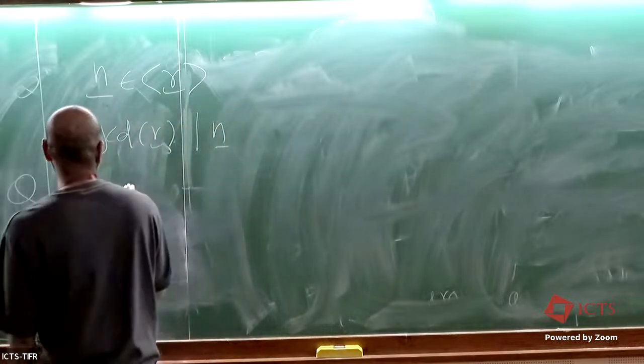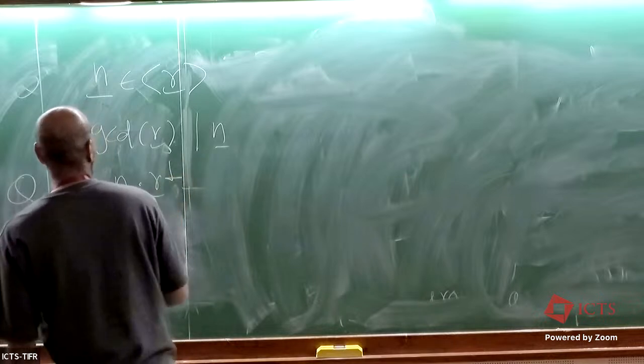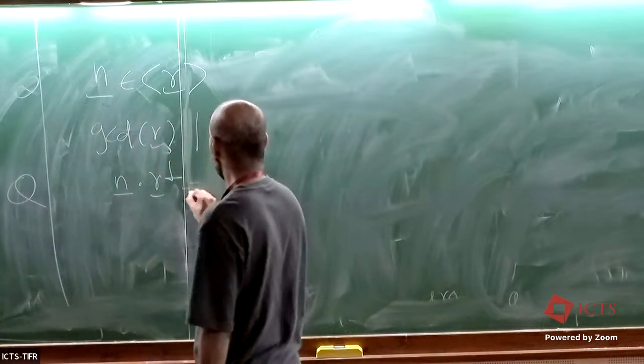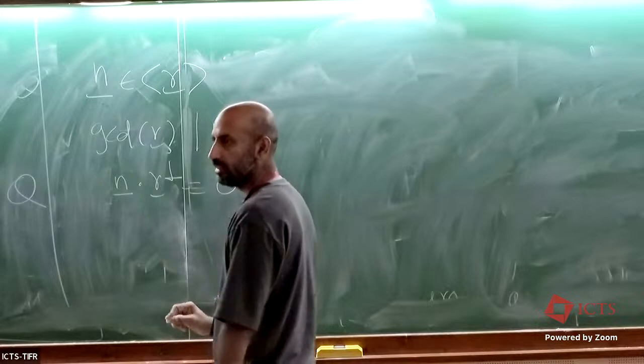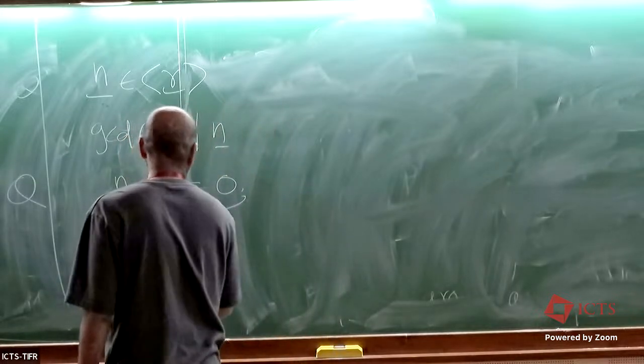So now this is the one-dimensional delta method. If I take R perp and take the dot product with N, that needs to be equal to 0. So you detect this condition using the one-dimensional delta method.